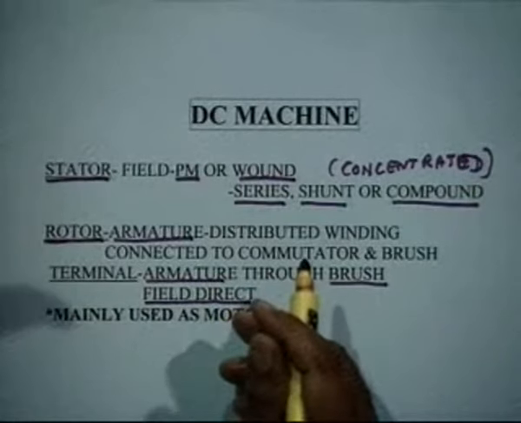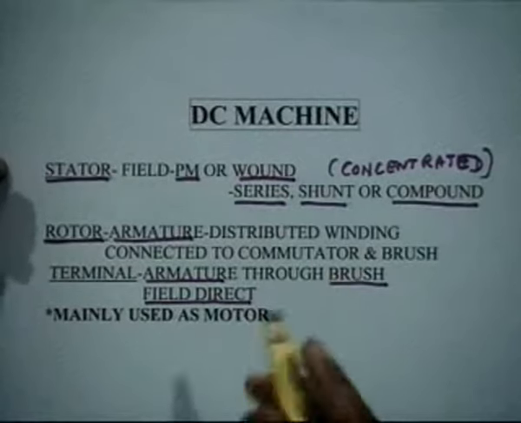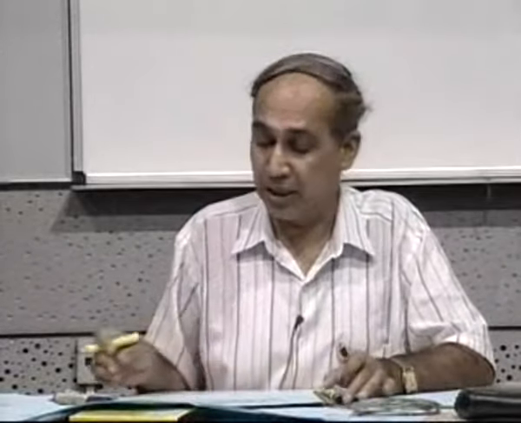If you go to a terminal box, there are no brushes for the field terminals, they are connected directly. Now the DC machines in general, from an industrial or practical point of view, are mainly used as motors nowadays, with very limited applications as generators.